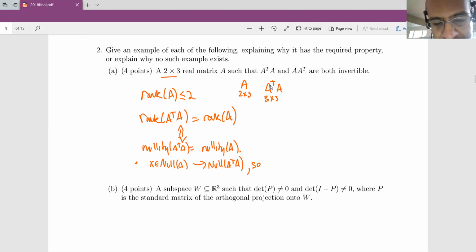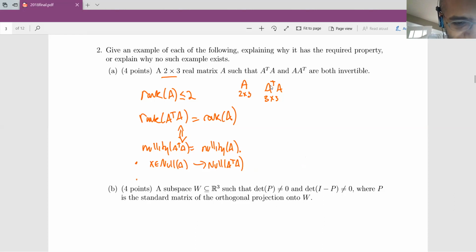Yeah, because A transpose AX is also 0. It means that the null space of A is contained in the null space of A transpose A.